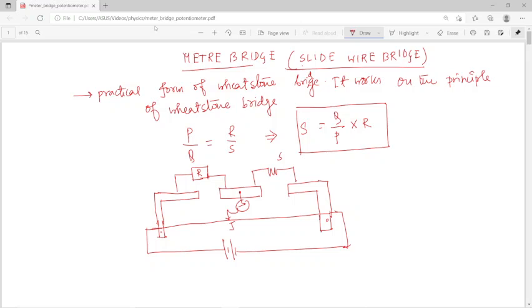When the balance condition occurs, there should not be any current flowing through the galvanometer. That means the galvanometer shows no deflection.